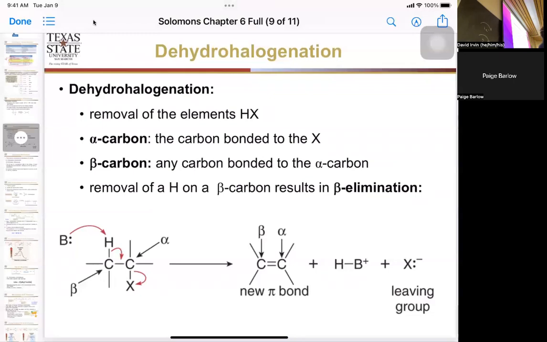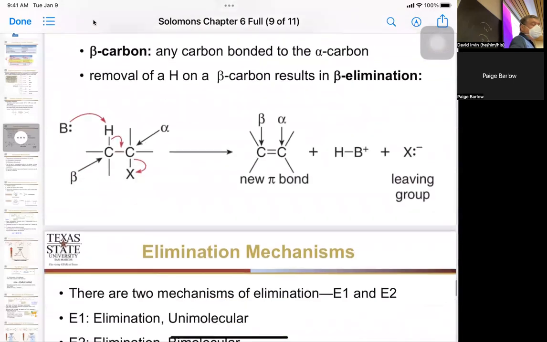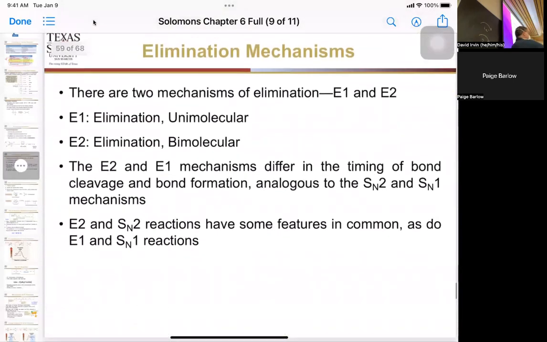And because we're removing the hydrogen from the beta carbon, we call this beta elimination. We had the leaving group leave, but we had to actually pull the beta hydrogen off, which is why it's beta elimination. Okay. So we have two possible mechanisms. The first is unimolecular, where the leaving group leaves first, forming a carbocation. That should sound familiar. That sounds like an SN1 reaction.